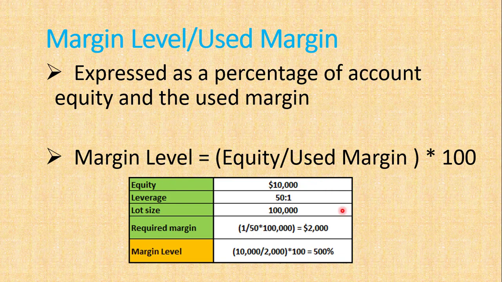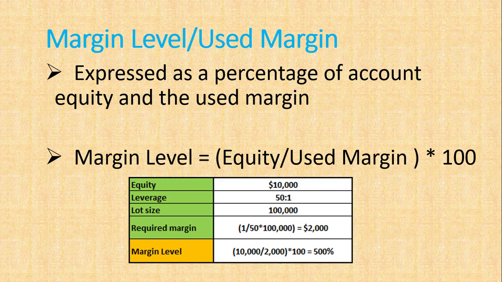So the required margin, as we have seen earlier, will be 1 divided by 50, which is the leverage, multiplied by the lot size you have chosen to take, 100,000 units, giving us 2,000. So this becomes the used margin after you have taken that position. The margin level then will be the capital you have divided by the used margin, multiplied by 100%, which gives us 500%.